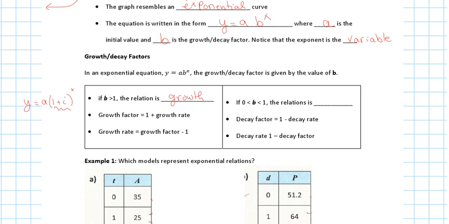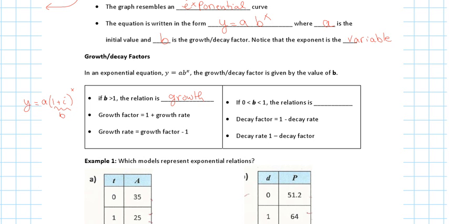If you know your rate, let's say your rate is 20%, then that's what's going to go in the i. Do you guys remember that? Okay. Now, the 1 plus i becomes your b. That's what makes your b.